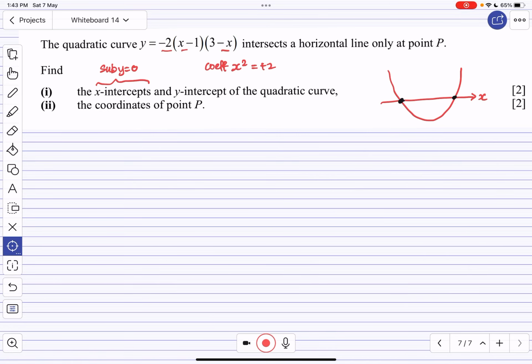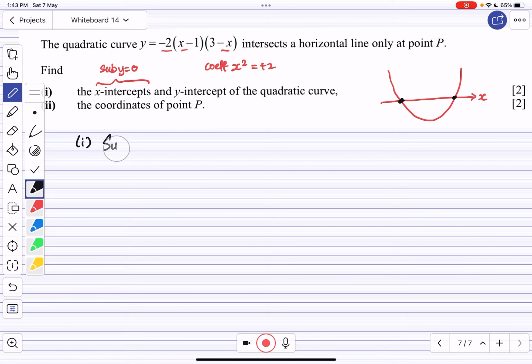All right. So next, I want to find the x-intercepts of the quadratic curve. What do I do? Part 1, I substitute y equals to 0 to find the x-intercepts. So y is equal to -2(x minus 1)(3 minus x).